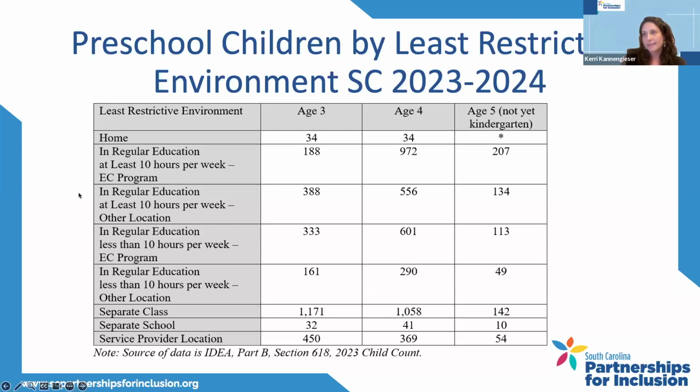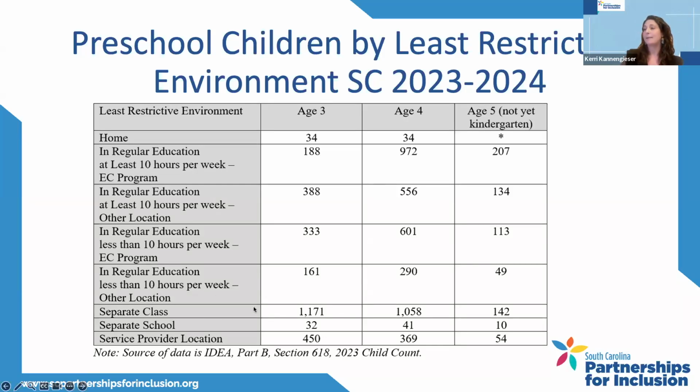And then if I skip over that one and go here, again, in that general education program, less than 10 hours a week. So this is our 6A data. We would see that we have this many children, and this many children. I'm seeing a huge change from 3 to 4, and then even from 4 to 5.